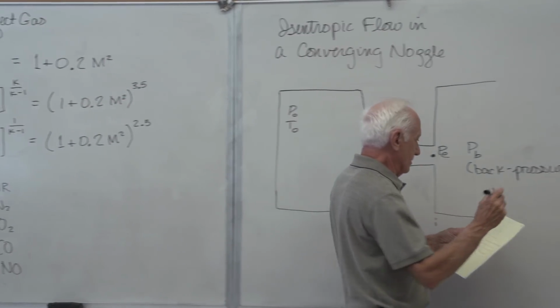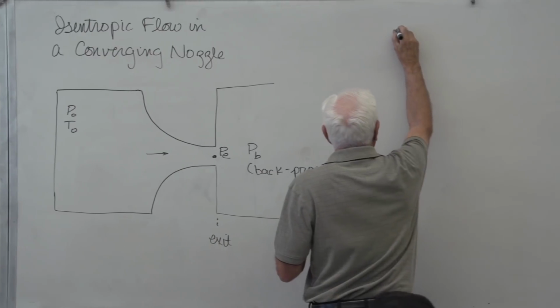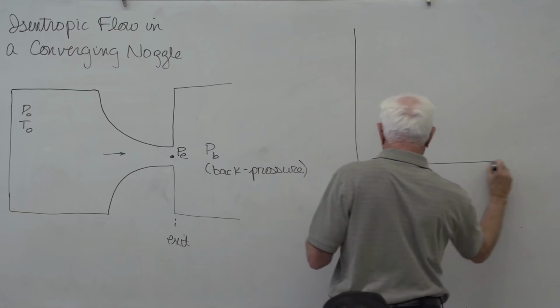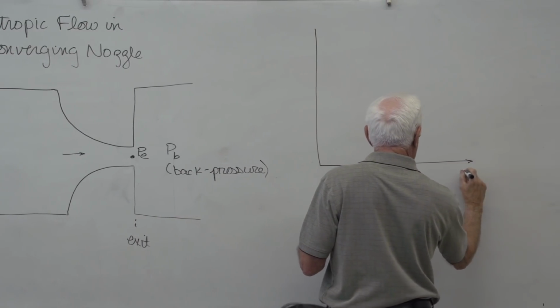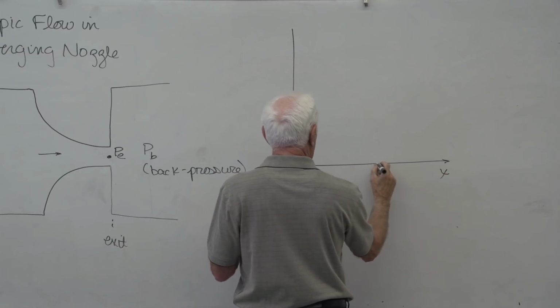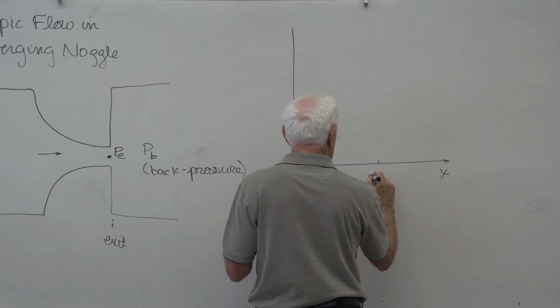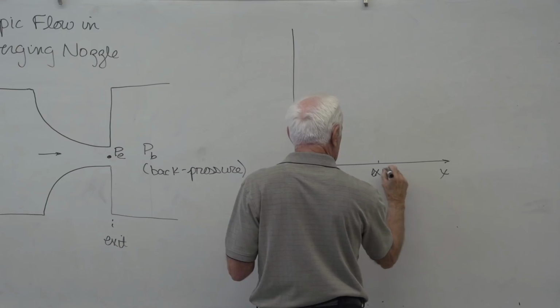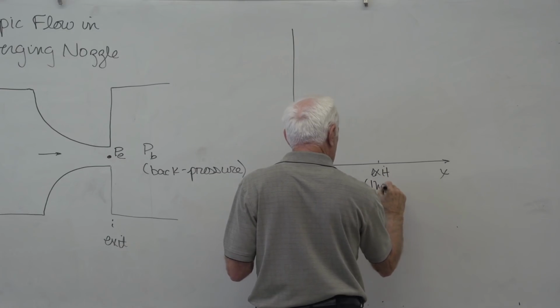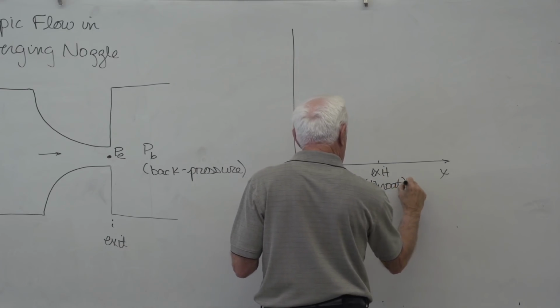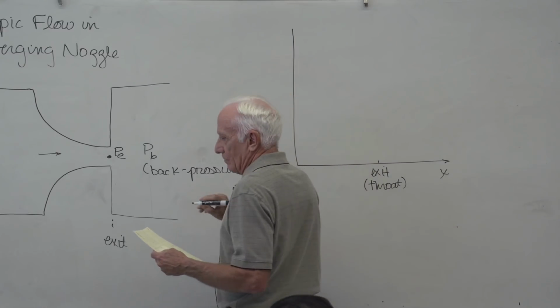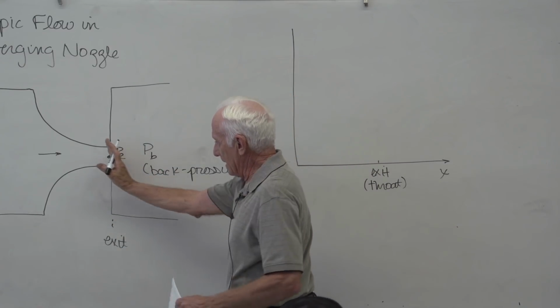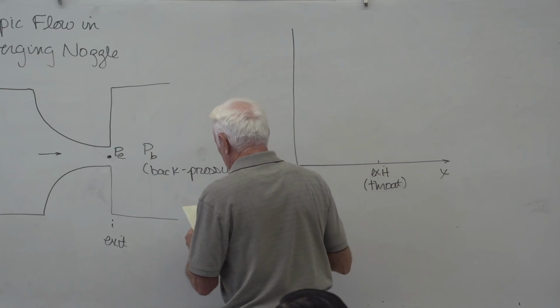Let's look at what happens in a graph like this, kind of explanatory. We're going to plot x here. This is the exit. It's also the throat. Not quite the throat. It doesn't go beyond that point. We'll call it the throat area too.